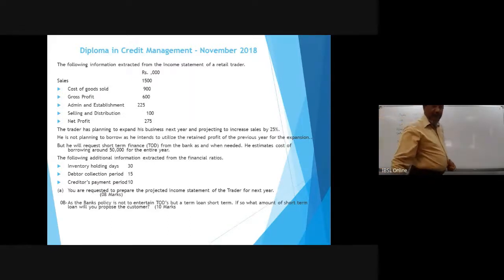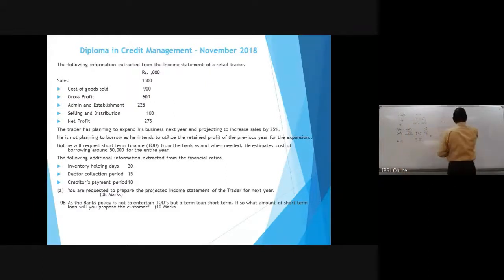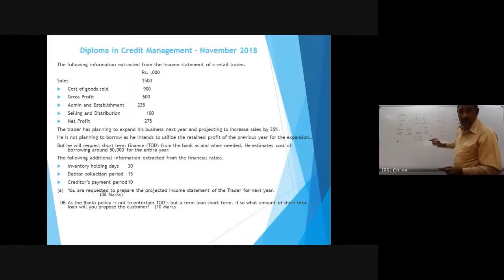Inventory holding days 30. Debtors collection period 15. Creditors payment period 10.